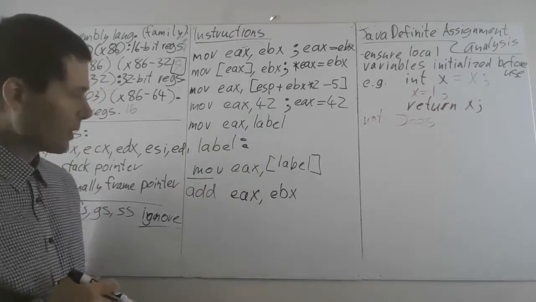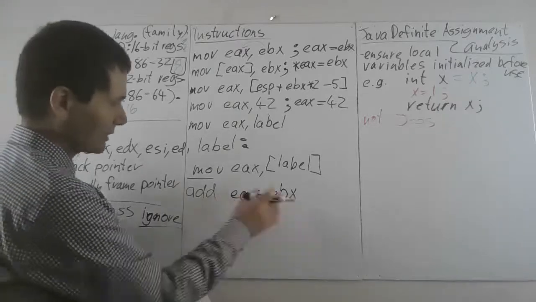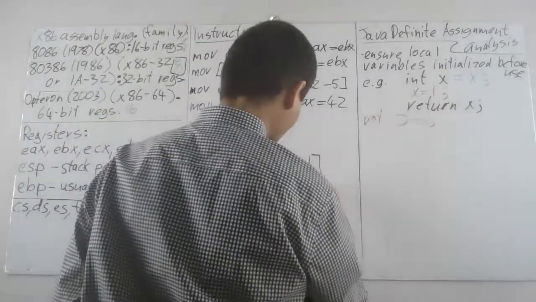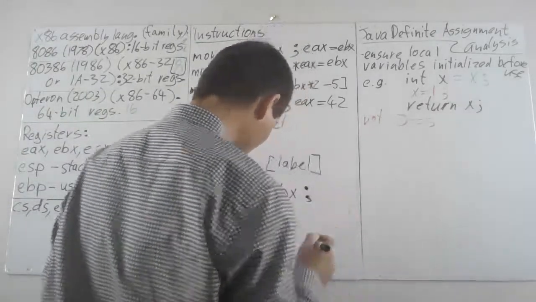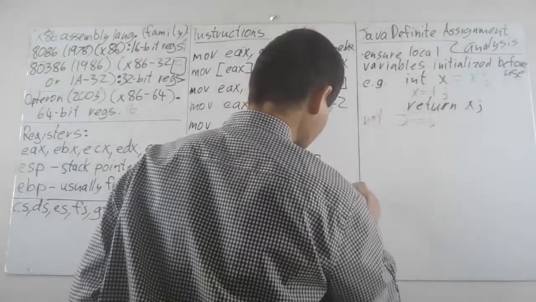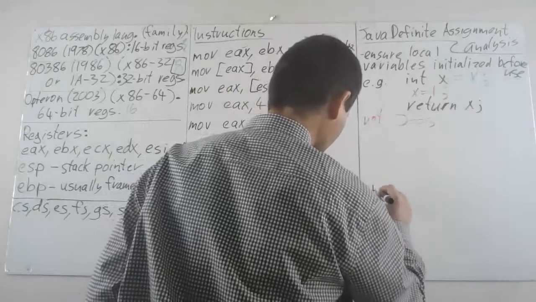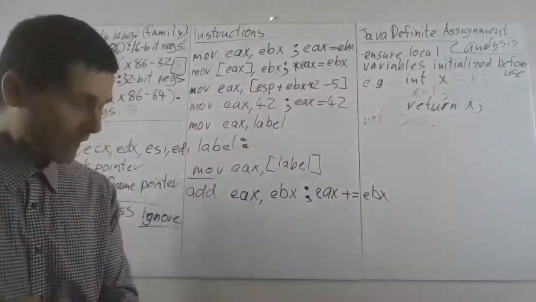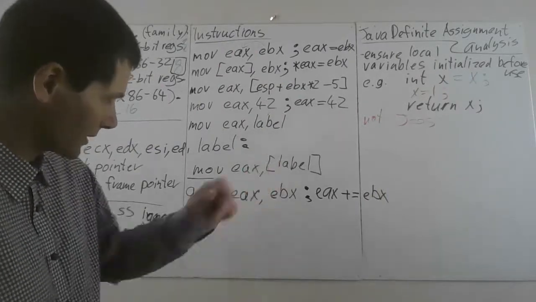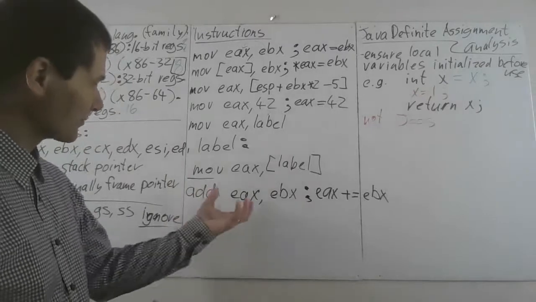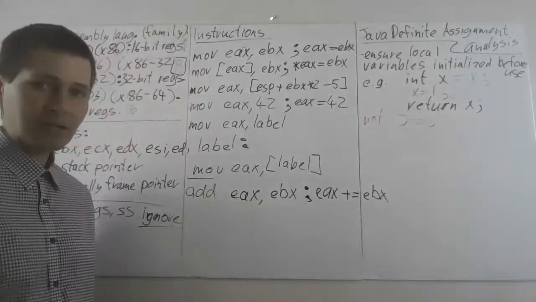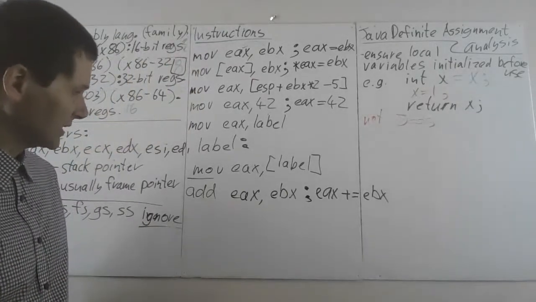One thing that might seem weird is that add only takes 2 registers and not 3, right? 2 operands and 1 result. This is a common feature of many instructions in x86, that they only take 2 operands. The effect of this add instruction is like the plus equals operator in C, C++ and Java.